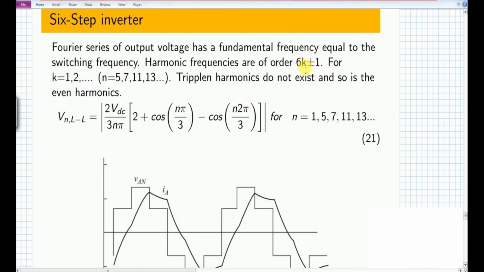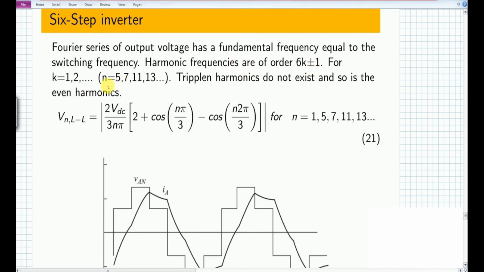So if we have k equal to 1, then we will have these harmonics available at 5 and 7. If k is equal to 2, then we have 12 minus 1 equal to 11, and 12 plus 1 equal to 13.